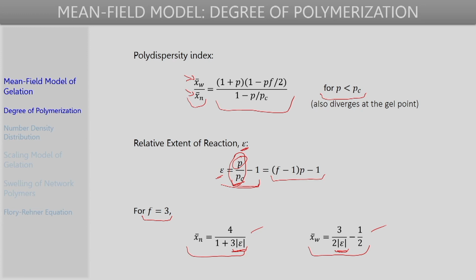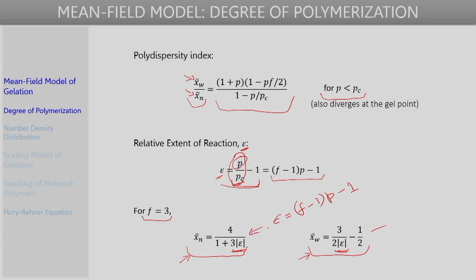If we consider these two equations and check whether they are consistent with the previous equations that we derived in the last slide for xn bar and xw bar, we will see that we get the same results as before if we substitute epsilon equal to F minus 1 times P minus 1, which is the result that we have here.